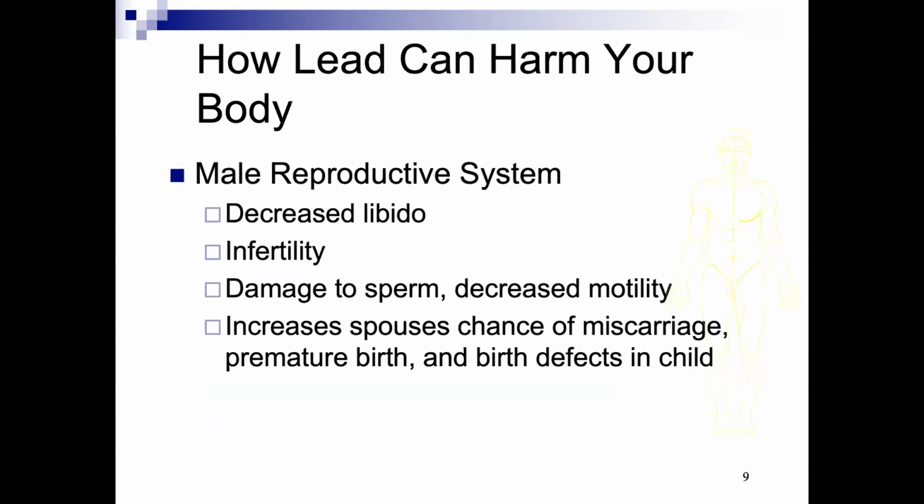The male reproductive system: decreased libido, infertility, damage to sperm, damaged motility of the sperm, the movement of the sperm, and it increases the spouse's chance of miscarriage, premature birth, and birth defects in the child, the fetus.